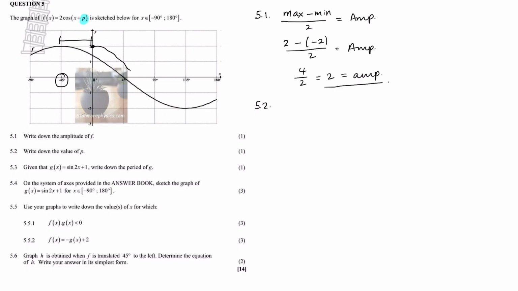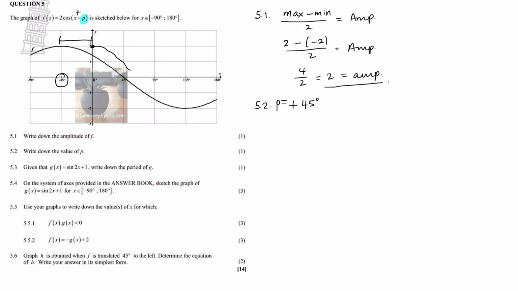Now you need to remember that if it's being shifted to the left, then the value inside the bracket is going to be positive. So the answer is going to be plus, because it's being shifted to the left. And how many degrees has it been shifted? It's been shifted 45 degrees. So p is equal to 45 degrees.